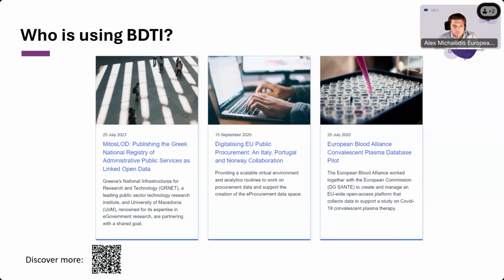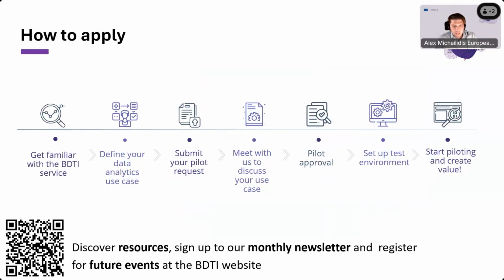Finally, I would like to explain a little bit the process behind submitting to our platform. Once you have the data and the case that you would be interested in working on, you are able to submit a pilot. It's quite straightforward. You can find the request form on our website and submit your use case.